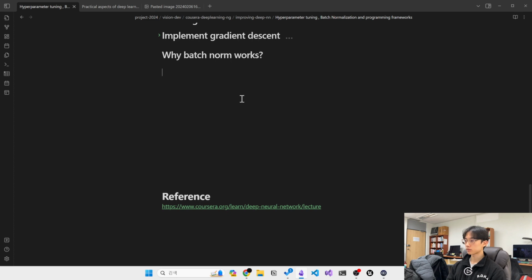So this idea of your data distribution changing goes by the somewhat fancy name covariate shift.